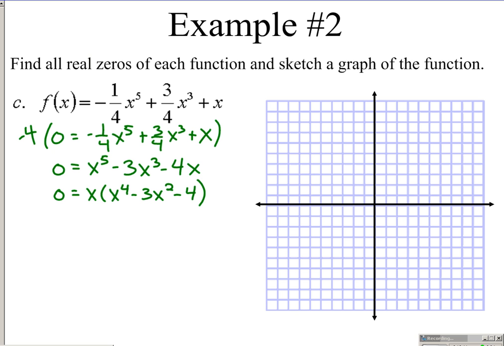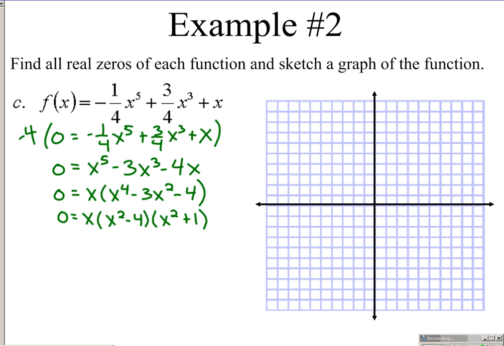Continue factoring. What multiplies to be -4 and adds to be -3, that's -4 and +1. So we're going to have x squared minus 4 times x squared plus 1.